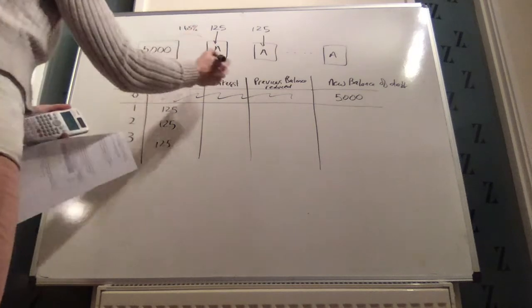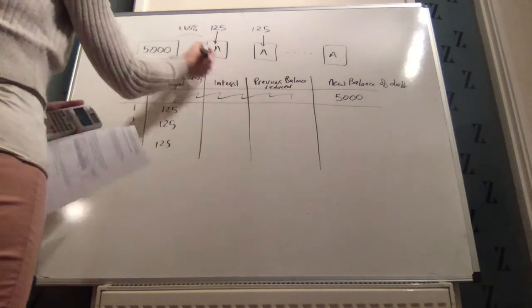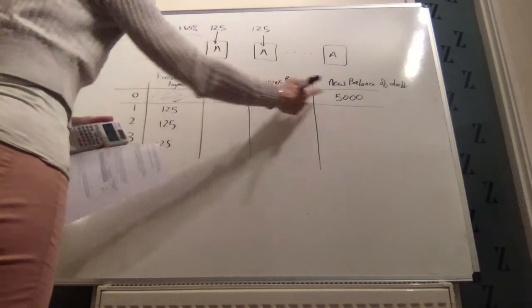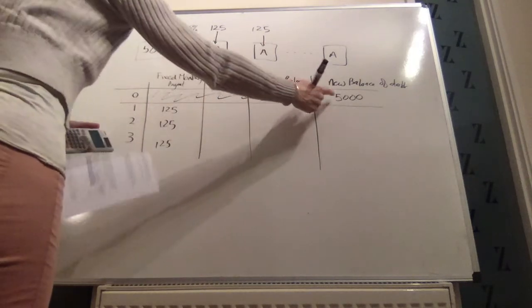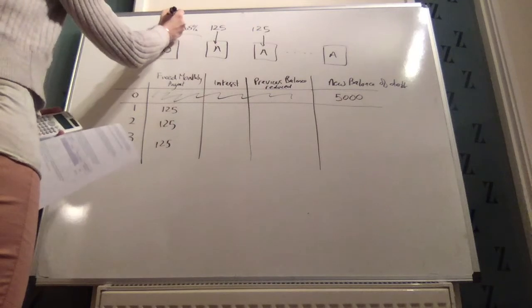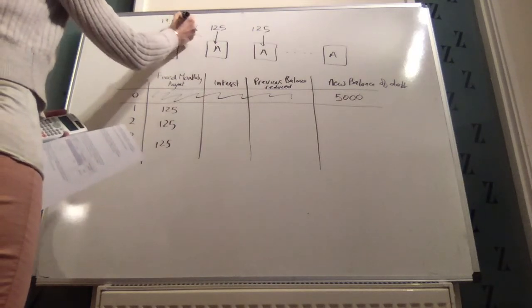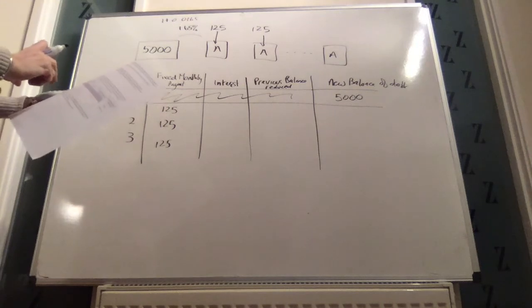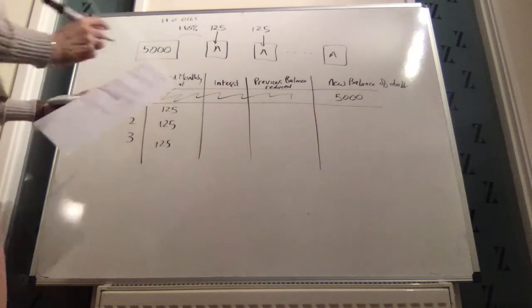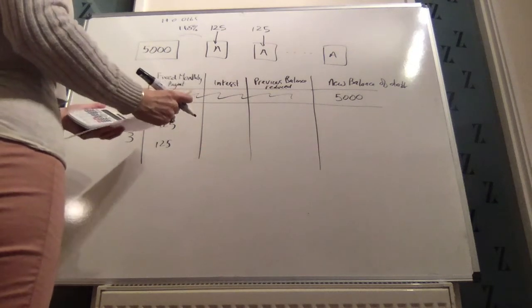Remember, we need to get 1.65% of 5,000. So to get 1.65% of a number, you multiply the number by 1 plus the interest rate as a decimal. Okay, and that turns out to be 5082.